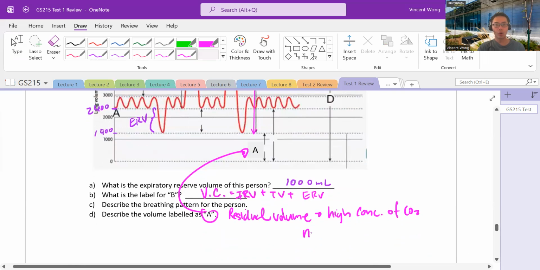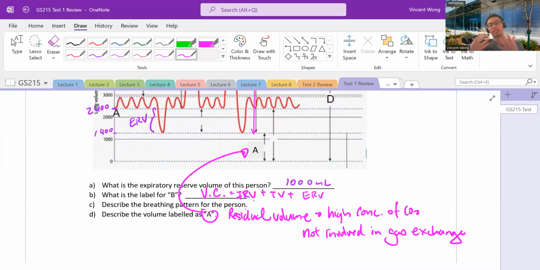It is not involved in gas exchange. We do not want too much residual volume. But if you have emphysema, where the lung loses its elasticity, then the residual volume is going to go up.